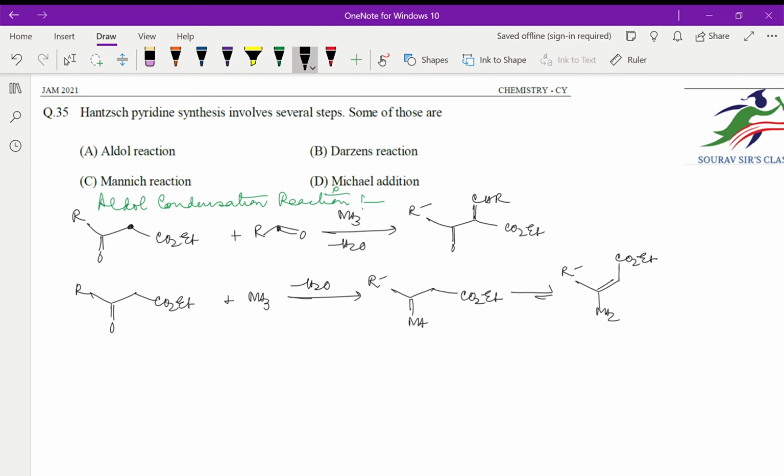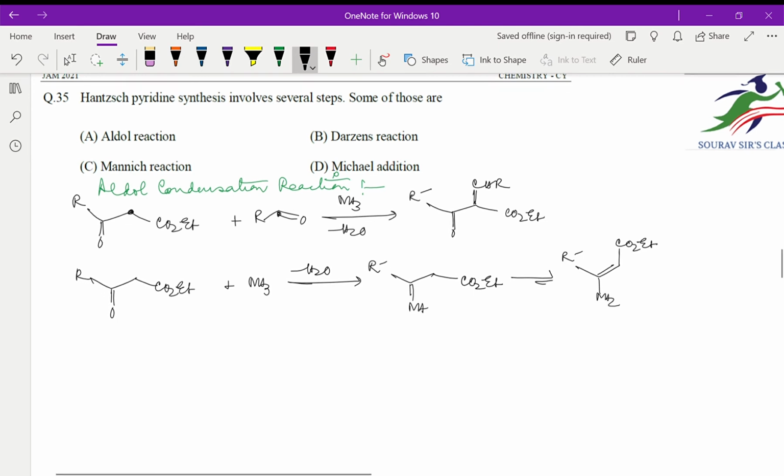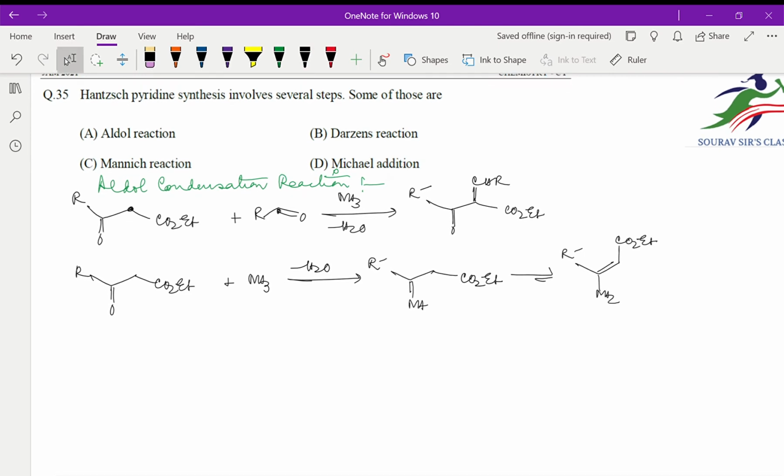Alright, once we have done that, let's arrange the compounds in a suitable manner so that we can show how the reaction is taking place. Alright, so suppose I have my NH something like that.